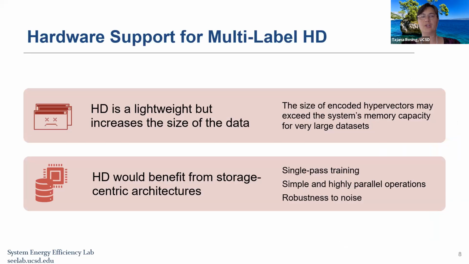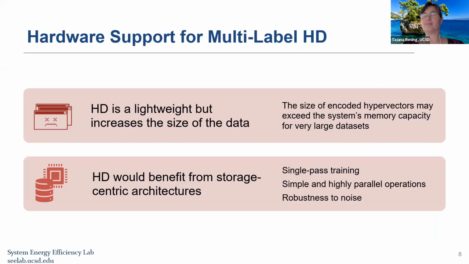So the good news is that HD is super lightweight, but it does increase the size of data, because from simple raw data that might be a single number, even an integer, I have now gone into hyperdimensional space, which has maybe 10,000 bits.